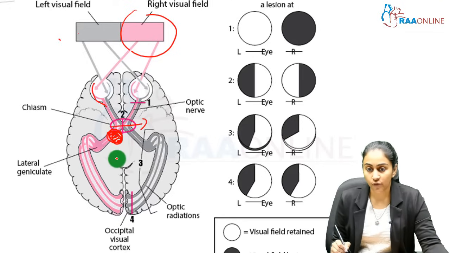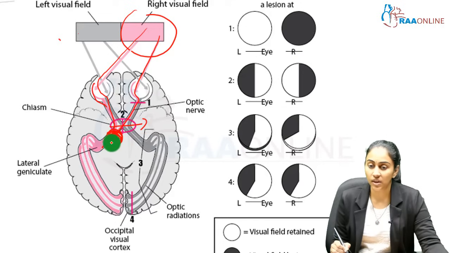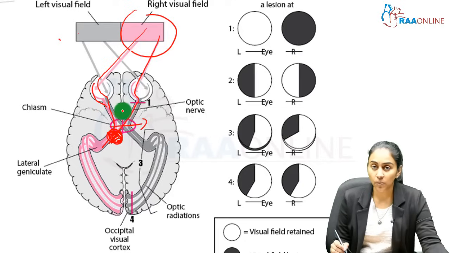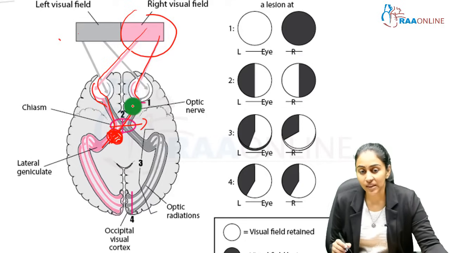So, this kind of a picture is seen in post-chiasmal compression. So, everything from here goes into this optic tract, and again everything from here crosses and goes again into this optic tract. So, anything post-chiasm is going to result in homonymous hemianopia. Bitemporal hemianopia is a heteronymous hemianopia.